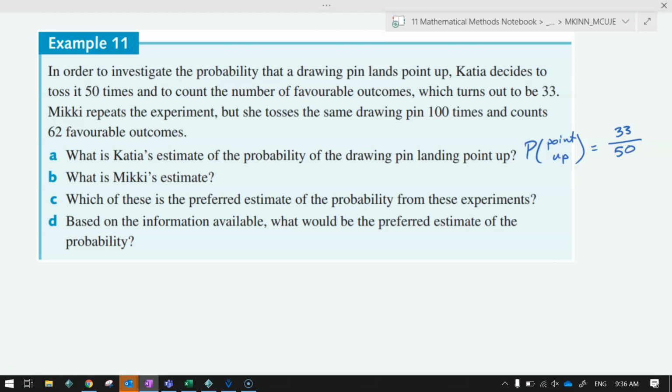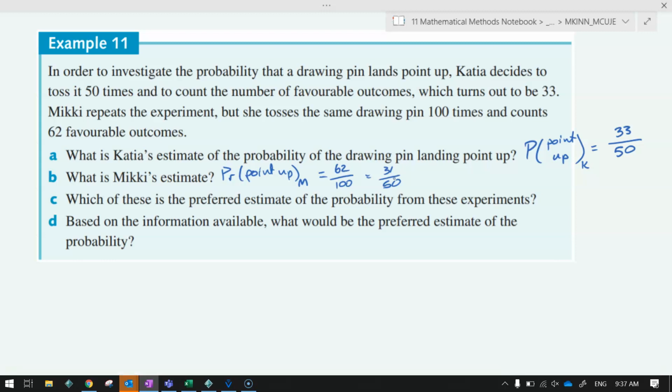What's her estimate going to be? 62, yep, so probability point up, and I might put a little M after that and a little K after this one so we can distinguish between the two, is going to be 62 out of 100. And you'd work down the page, but I'm just getting it in here. 31 out of 50. We still simplify our fractions if we can.